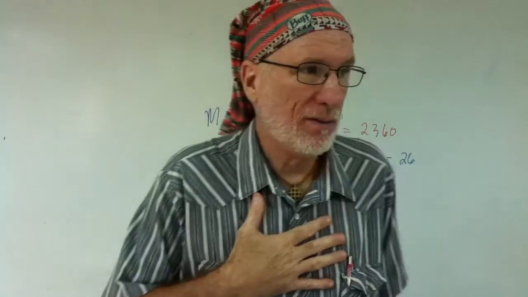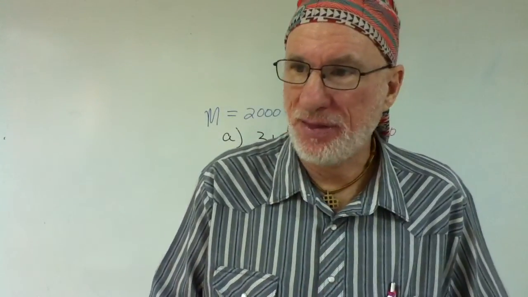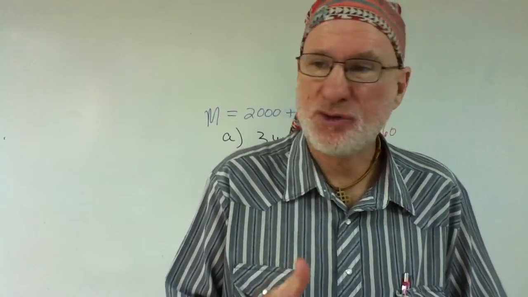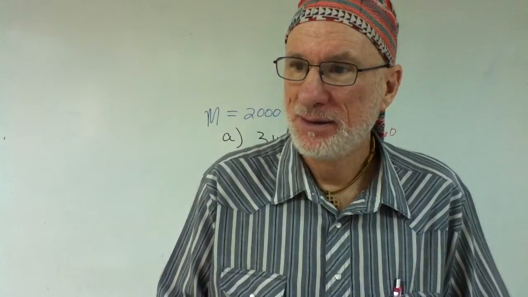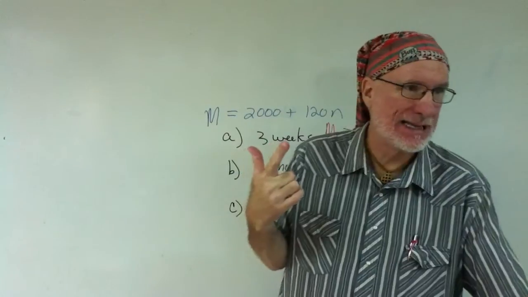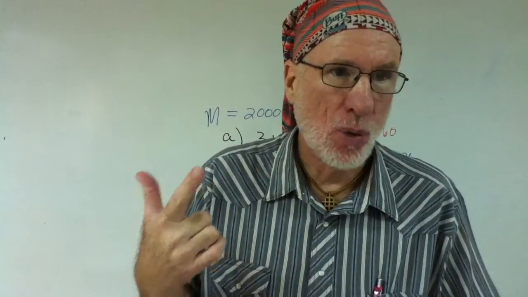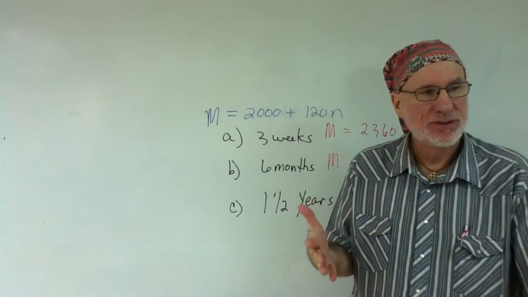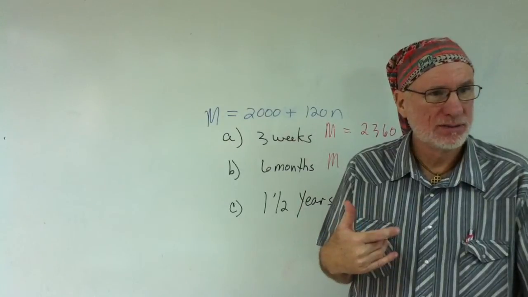Well, if you're saying 4 weeks in a month, what's 4 times 7? It's 28. There's only 1 month with 28 days, and that's once every 4 years. So over the course of 6 months, what would be a better number, 26 or 24?